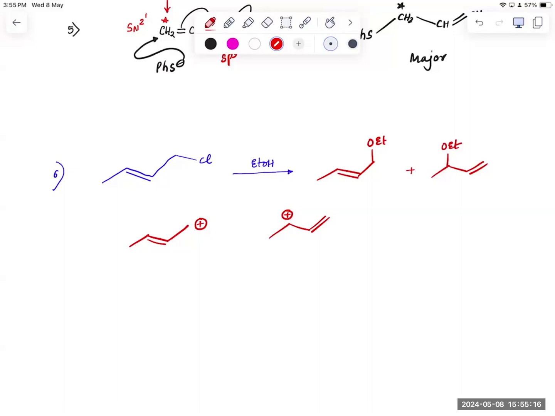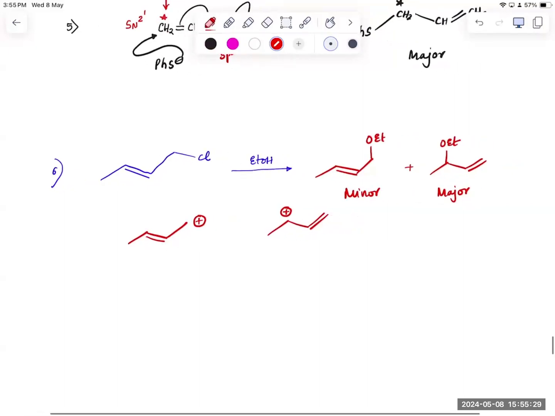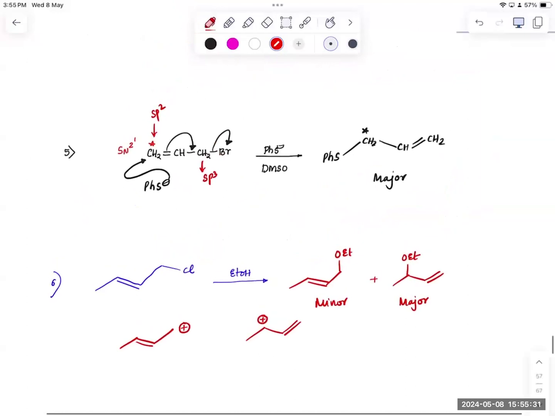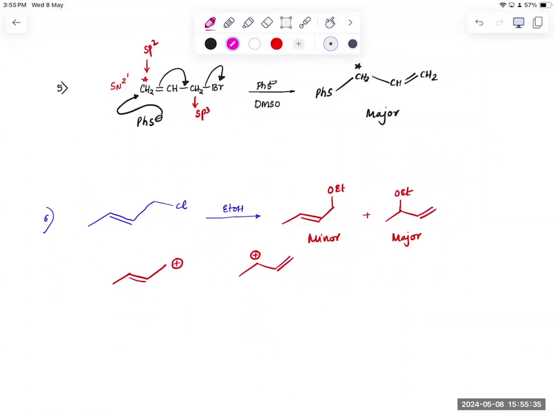Correct? Both will form in a reasonable amount because both are resonance stabilized. Resonance stabilized means both will have reasonable amount, but slightly more stable is this one. This one is major, this one is minor. Correct? So I can say that this product is via SN1. This is via SN1 in both cases, right? Minor.